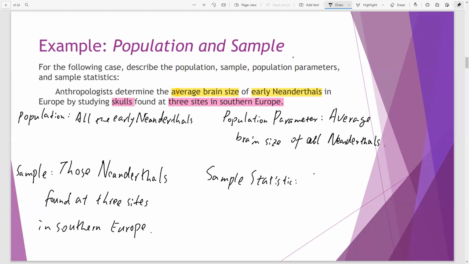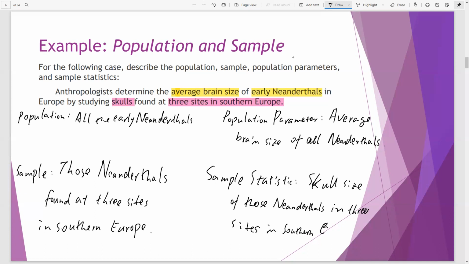The skull size of those Neanderthals in 3 sites. Right, that is the sample statistics, right?